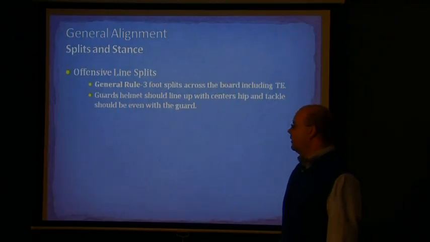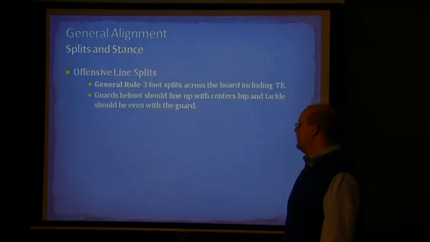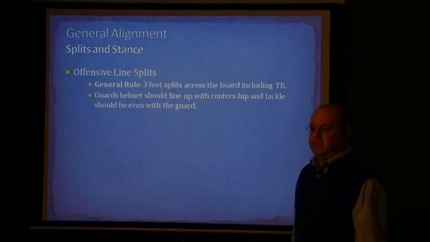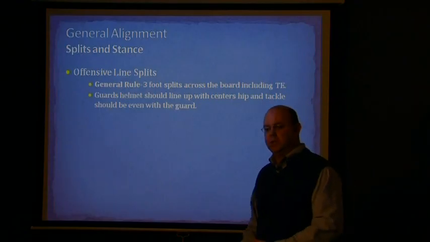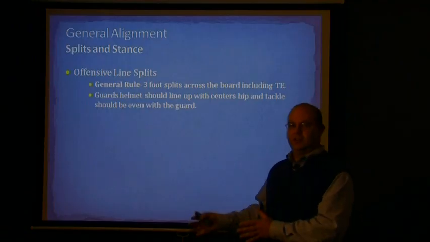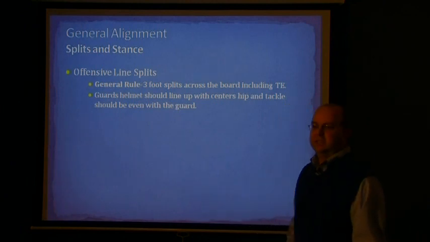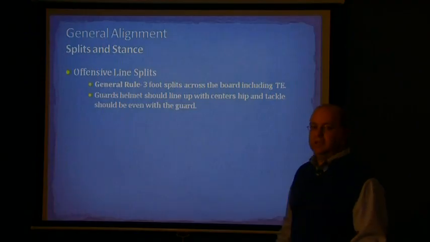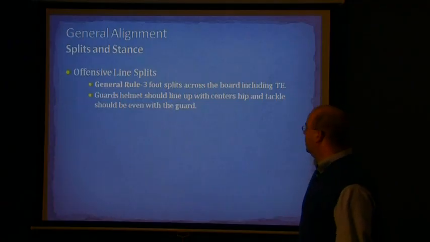Offensive line-wise, our general rule when we teach our new players is that we have 3-foot splits across the board, and if we have a tight end in a game, he's also at 3 foot. We do that because we do some double teaming, and we feel that 3-foot splits still give the quarterback ample time to make his reads, but at the same time give the offensive line an opportunity to create great double teams where we can get together and move people.